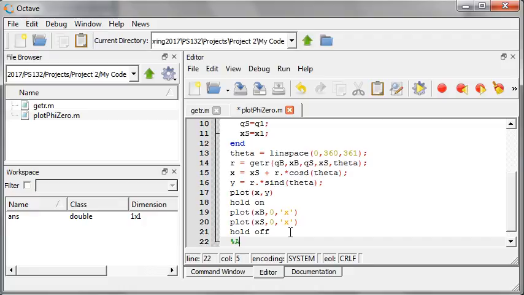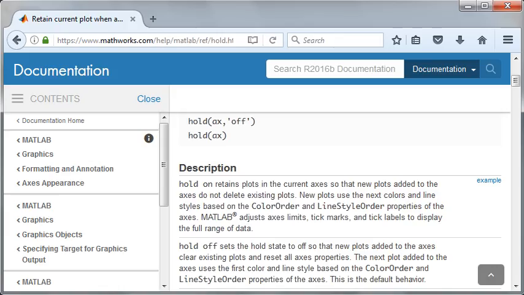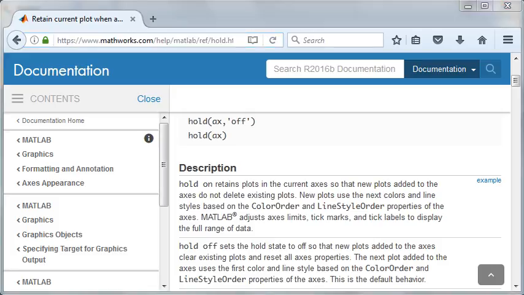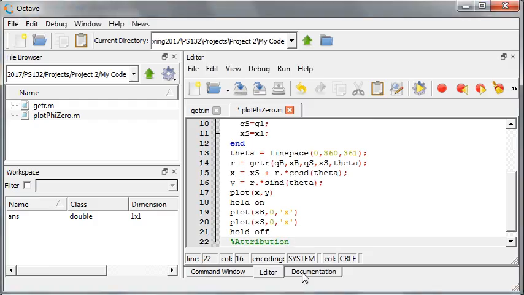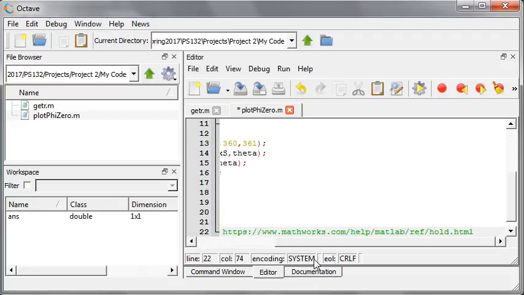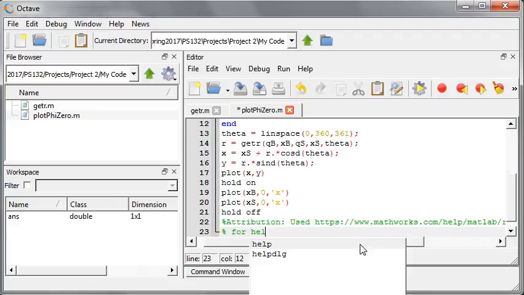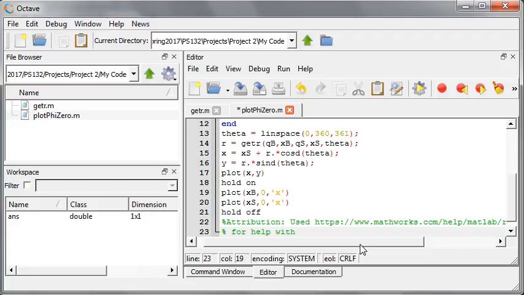So for my attribution, I went to, used this site for help with hold.